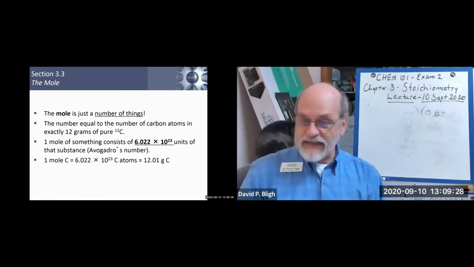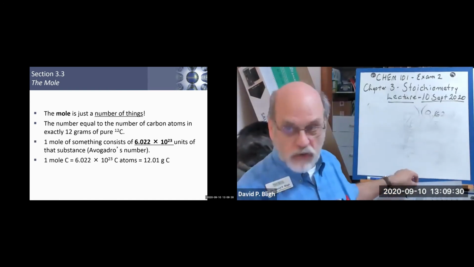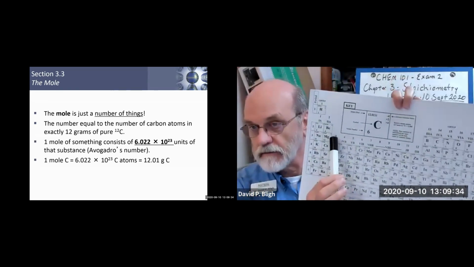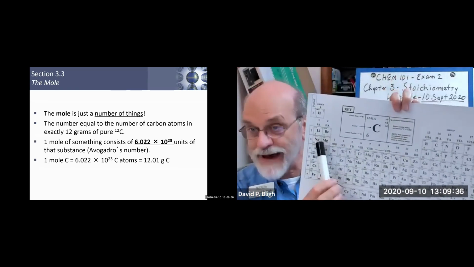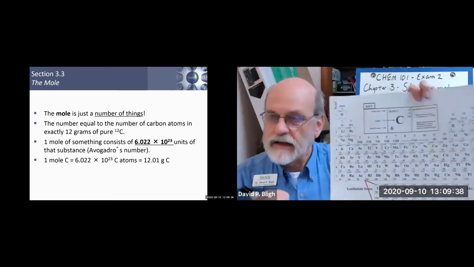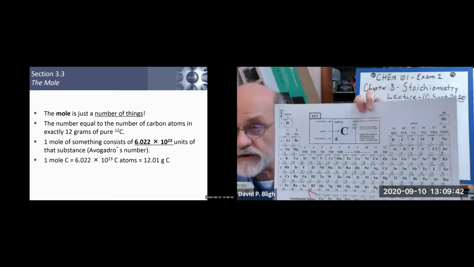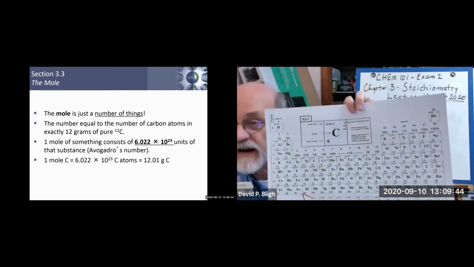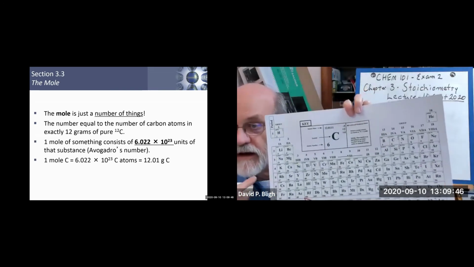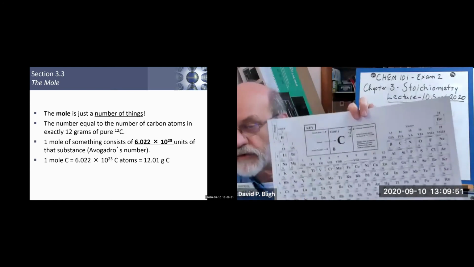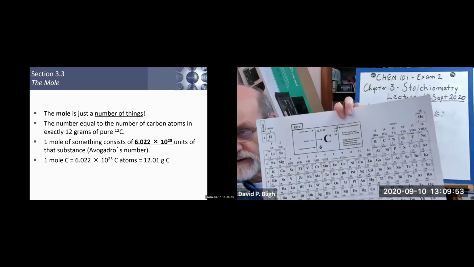So that means that the value that you see in your chart here, the average atomic mass, could represent the average atomic mass units for one atom, but it also equals the mass in grams of a mole of those mixture of isotopes.